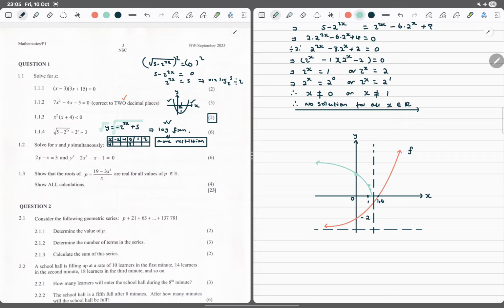Okay. So now if we look at these two graphs, we know that if they were ever to intersect, it would be below the x-axis. But since that function g, if we think about it as such, never goes under the x-axis, these functions are never likely to meet. And so this means our conclusion here is perfect. Okay.